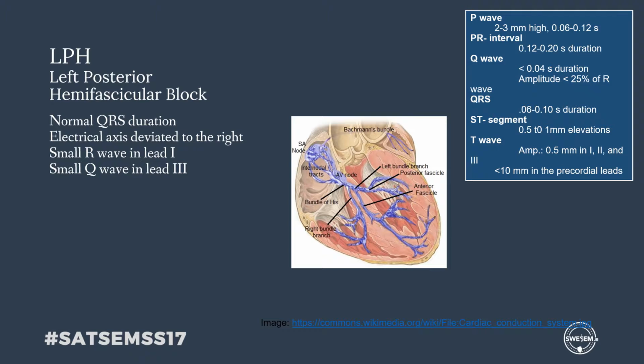The electrical current is dominated initially by an upwards and to the left pattern, causing small R waves in leads 1 and AVL, and therefore also small Q waves in 2, 3, and AVF. Following this, the depolarization spreads downwards and posteriorly, leading to larger R waves in the inferior leads and deep S waves in the lateral leads.